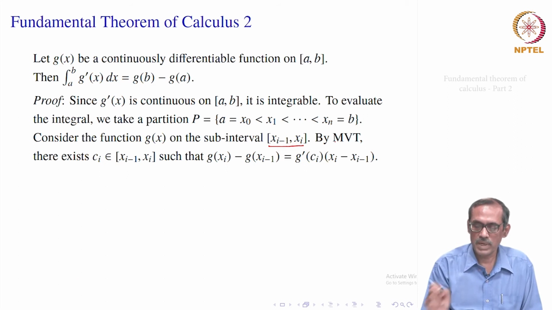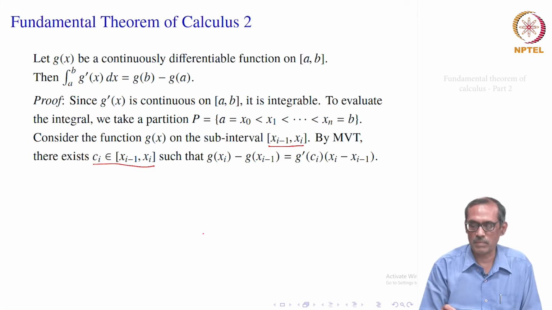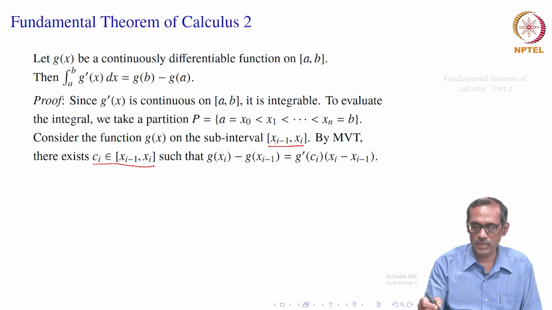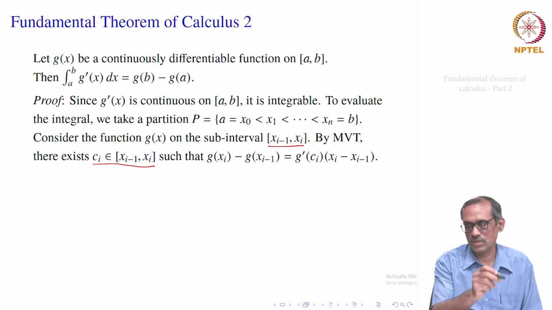Then by the mean value theorem for derivatives, there exists a point c i inside this such that g of x i minus g of x i minus 1 equals g prime at c i into x i minus x i minus 1. If you remember, we have used this trick in solving one or two problems, like forming the integral of 0 to 1 cosine x and so on. Okay, we are using really this idea in the proof of this to solve that problem.